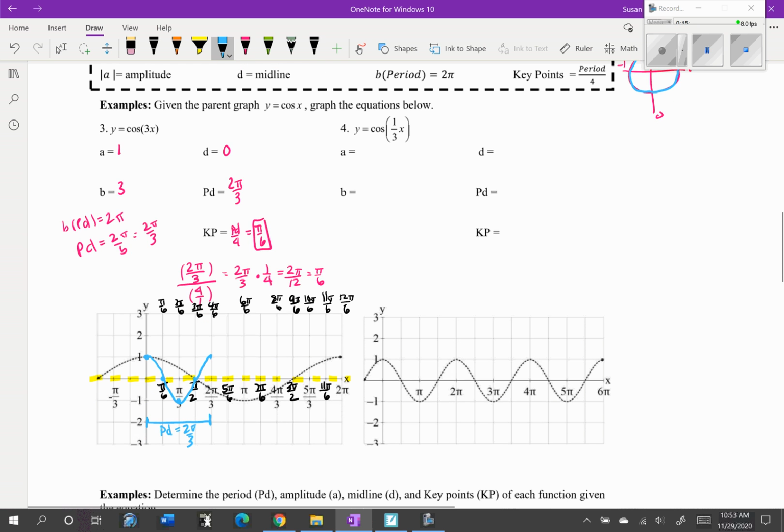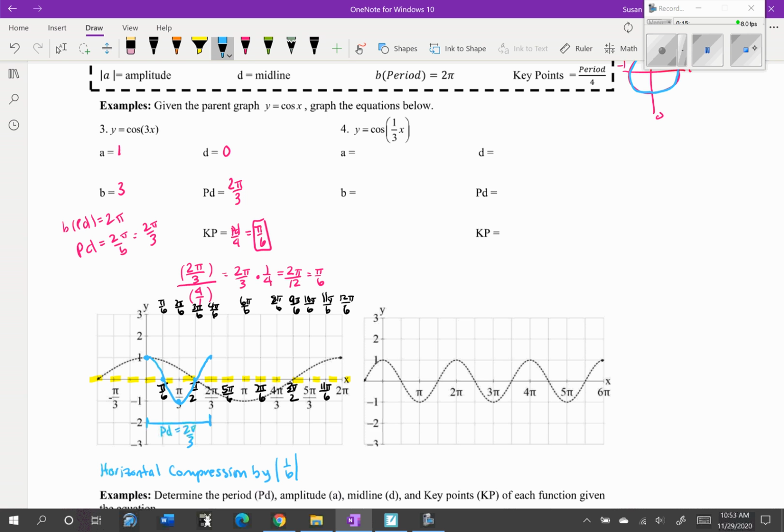So this is a horizontal compression by the absolute value of 1 over b, which again in this case would be the absolute value of 1 over 3, so 1/3.